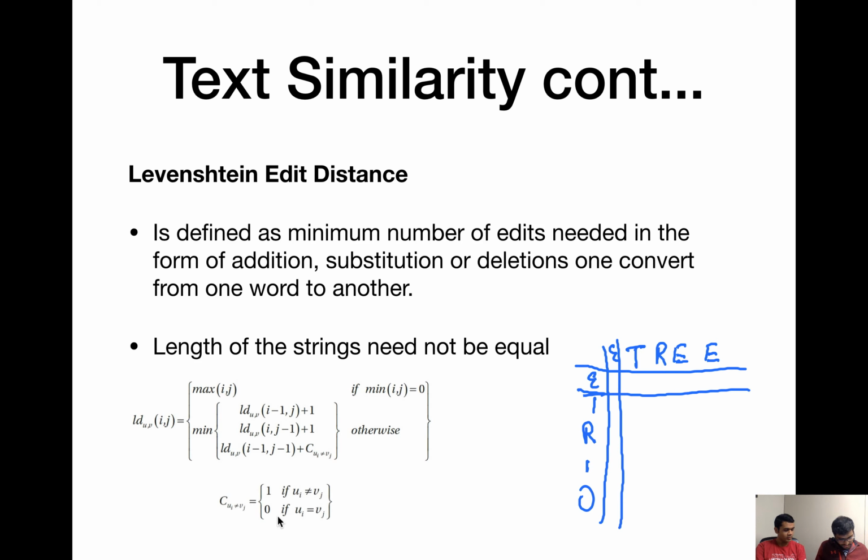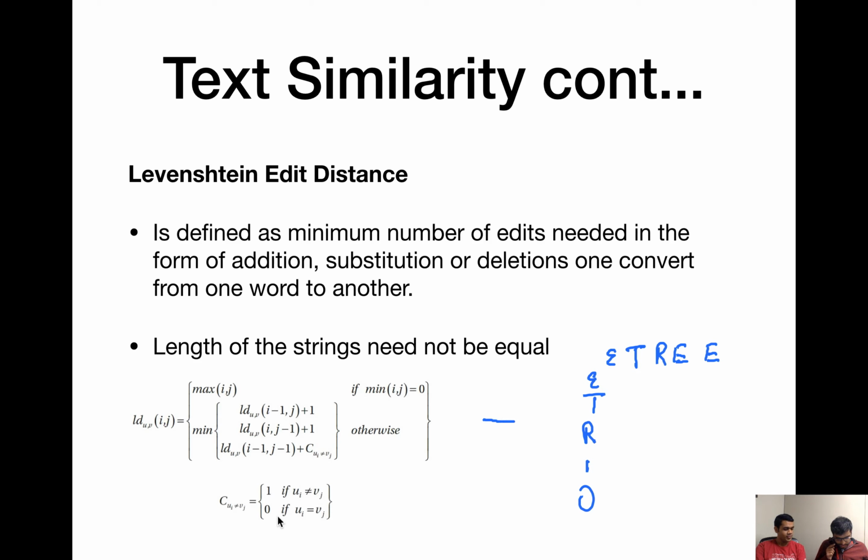Maybe I should draw it bigger. Just take off the horizontal and vertical. Okay, that should be good. So now let's look into this formula. If the two are similar, I'm going to draw this here.